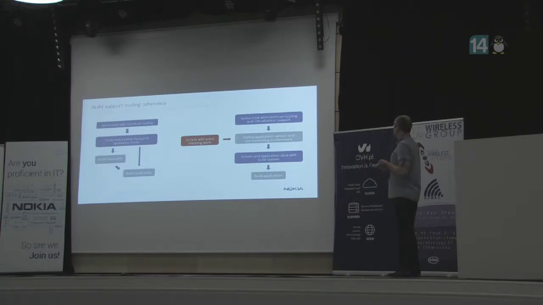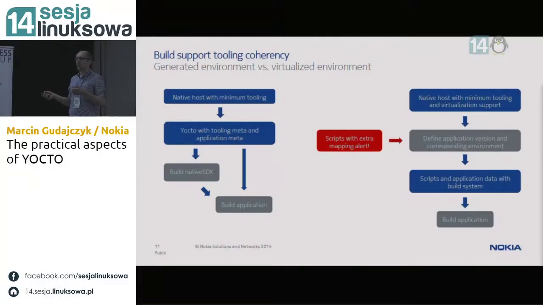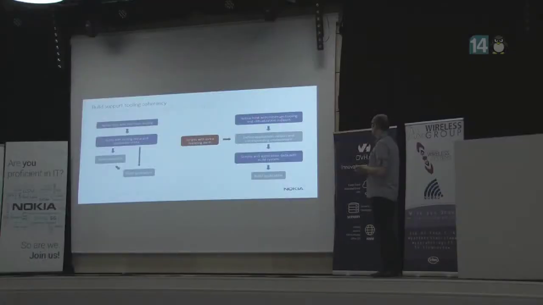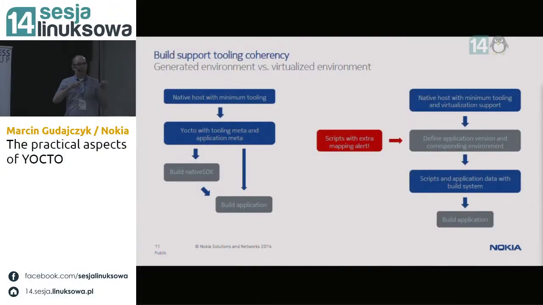So in the virtualized solution, when we have some kind of images run on the cloud, on Docker, on KVM, or on any additional virtualization mechanism, we'll need to have some image which will contain the environment setup, right? And then after we have that, we'll also need some kind of extra stuff which will define the version of our software and map it onto the version of the environment.